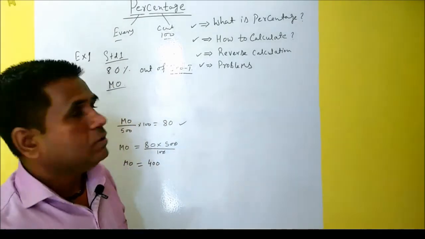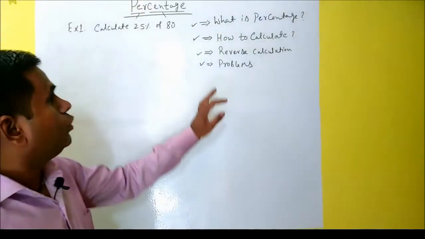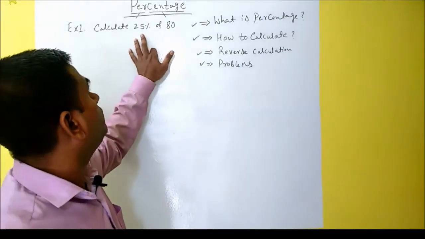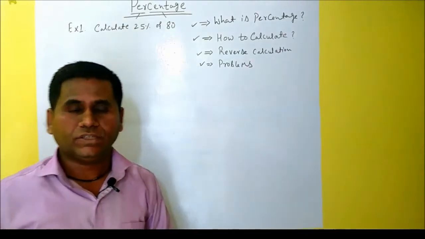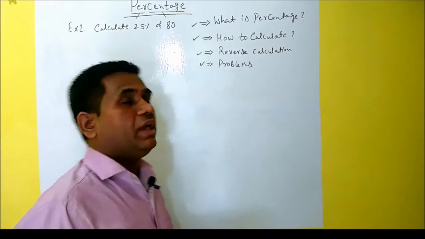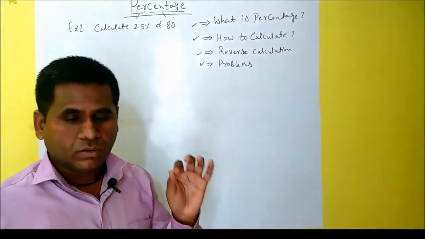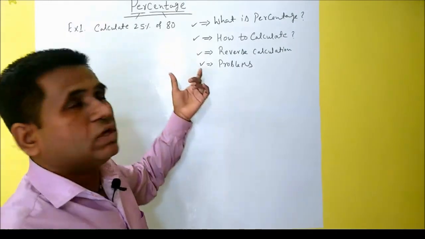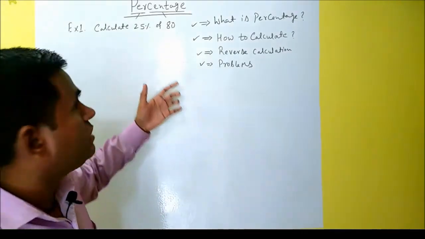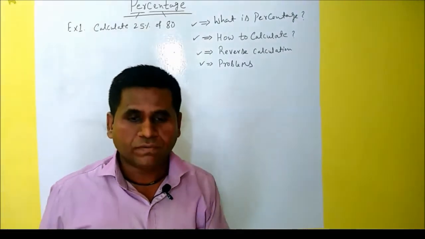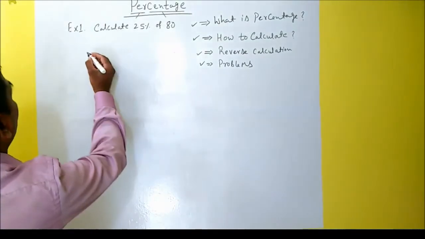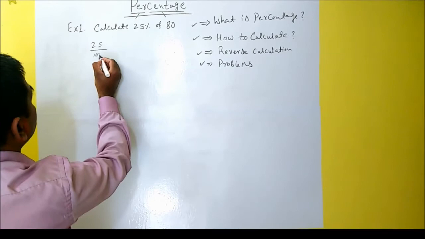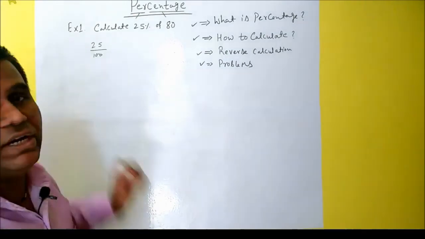So here you can see I have written an example which says calculate 25% of 80. That means 80 is the total quantity. So what is the quantity which will represent 25% of 80? So in this problem we can very clearly see 25% means out of 100, 25.